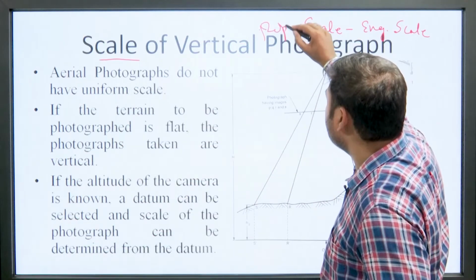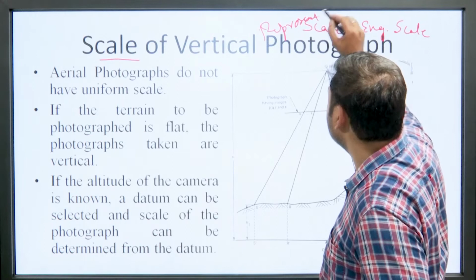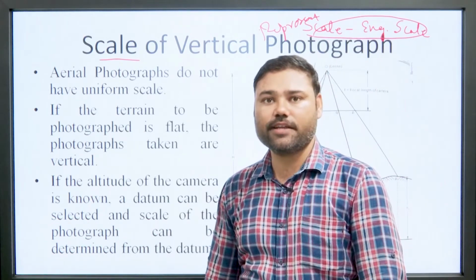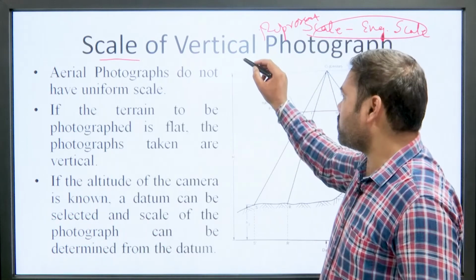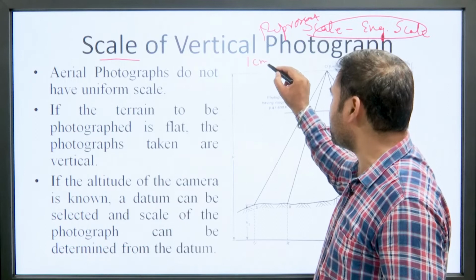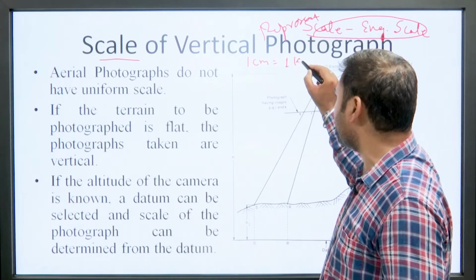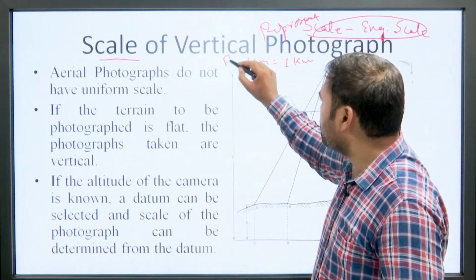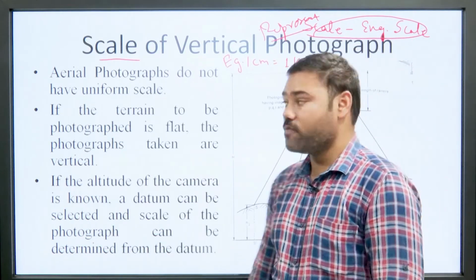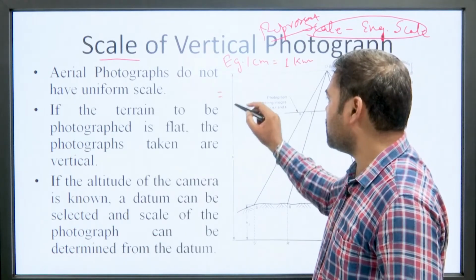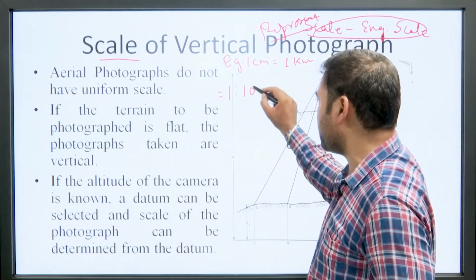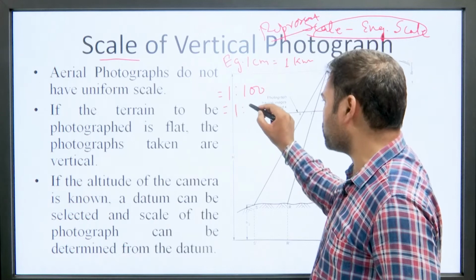In engineering scale, we denote clear instructions, that is 1 centimeter is equal to 1 kilometer, for example. And in representative fraction, we represent it in a fraction form, that is 1:100 or 1:1000.